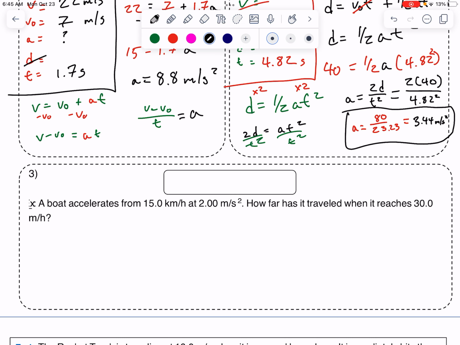Now, finally, we have another equation that will give us the final velocity. This one's going to be final velocity squared equals initial velocity squared plus 2 times the acceleration times displacement.